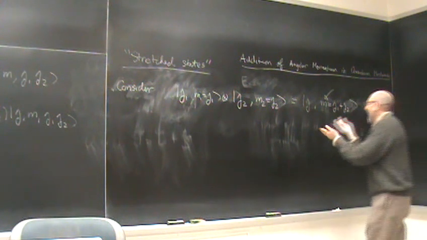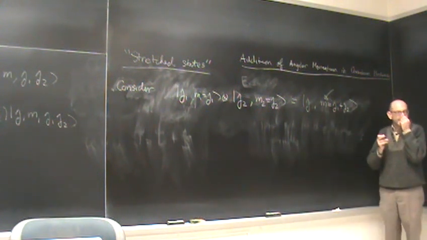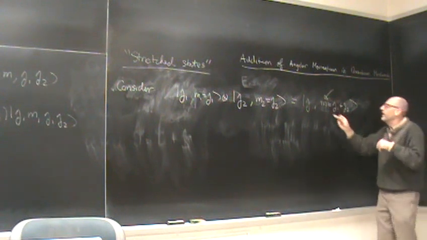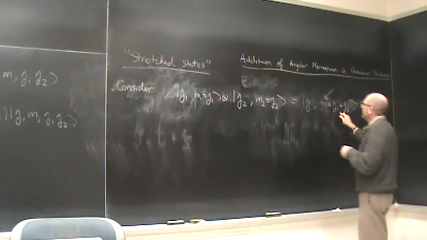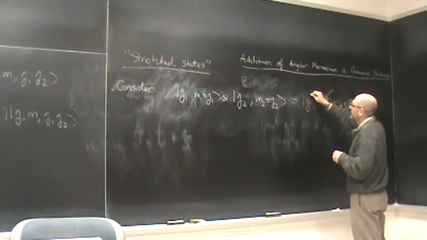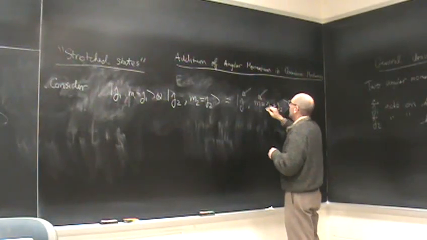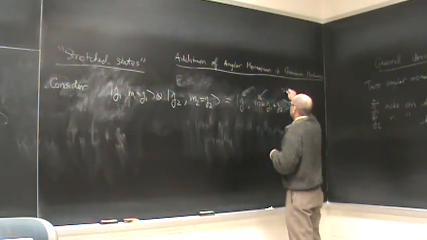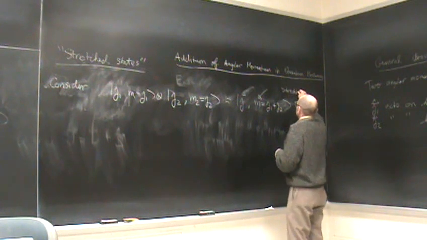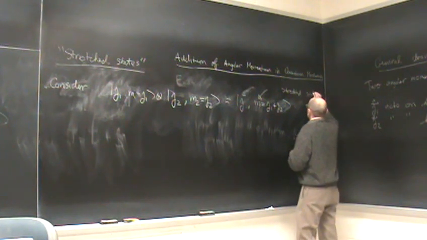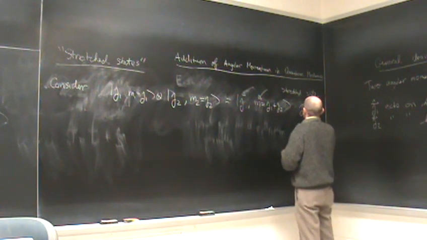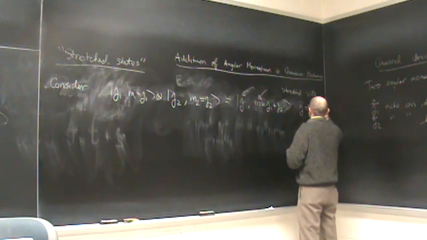But there's no way to get this total M. Therefore, this is the state which has the total projection. This is the stretch state, where J is J1 plus J2.